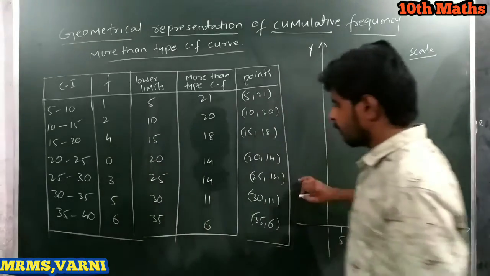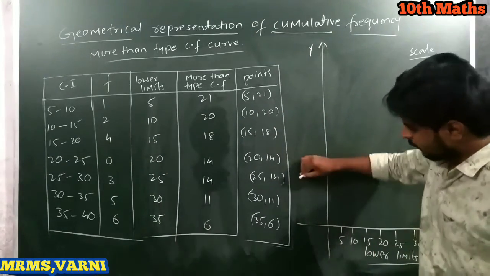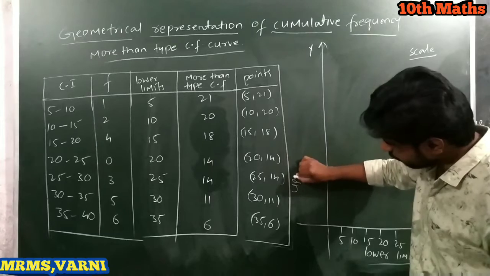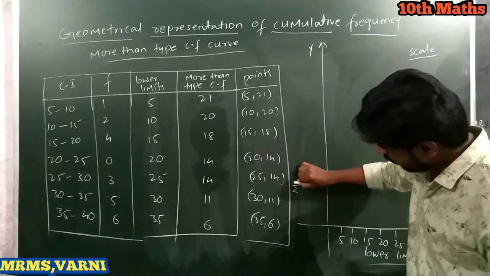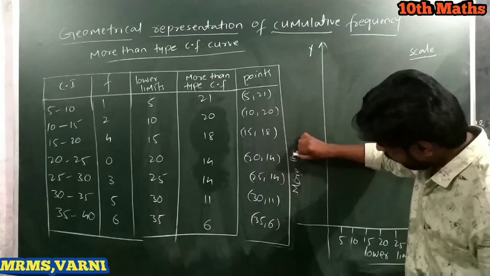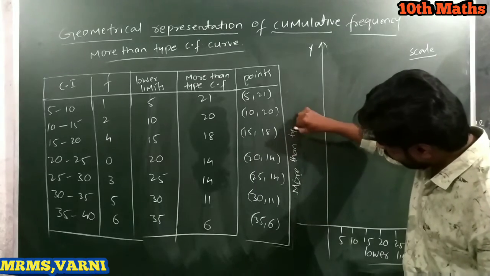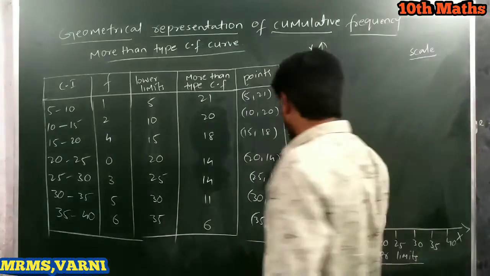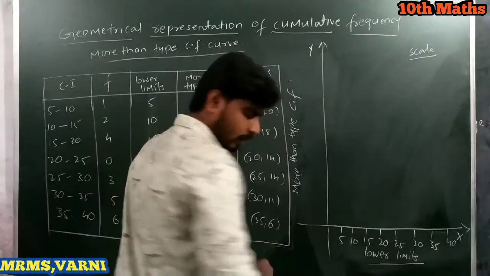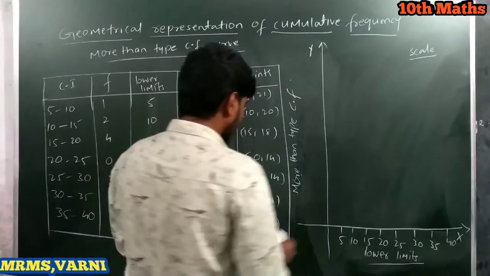And here we take more than type CF, nothing but more than cumulative frequency. Make it clear here, it is not discriminating.